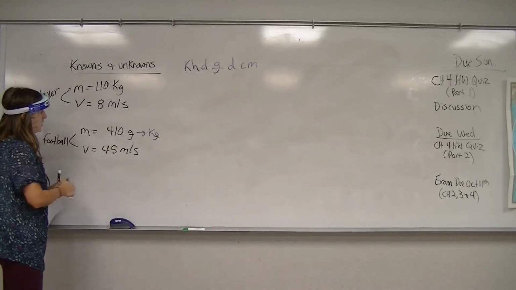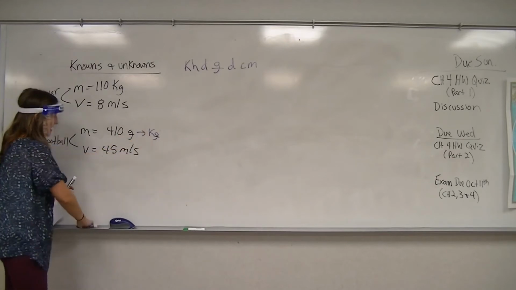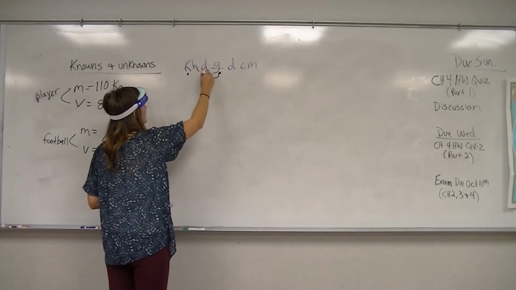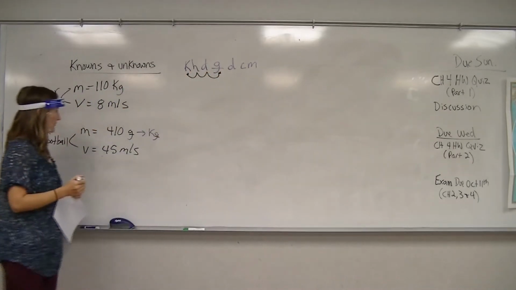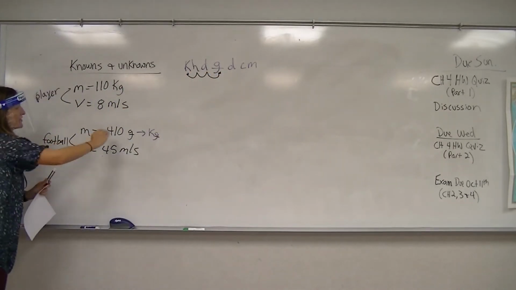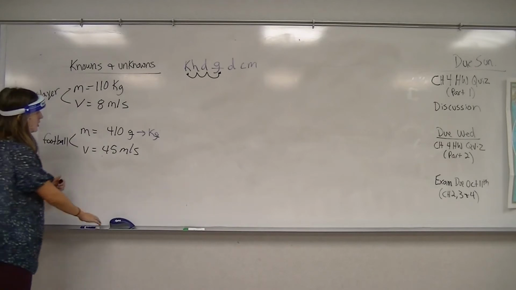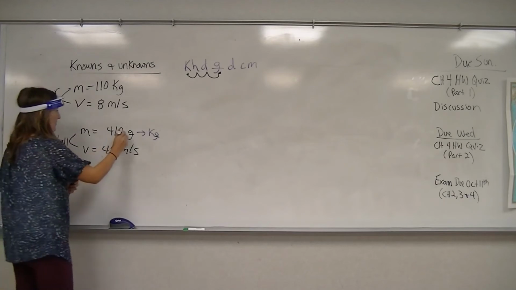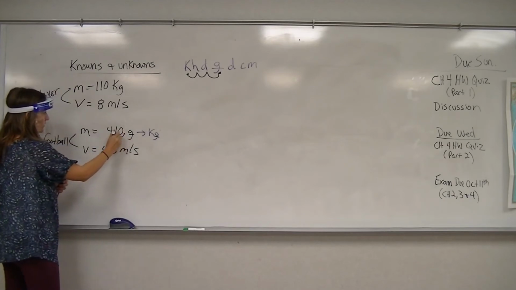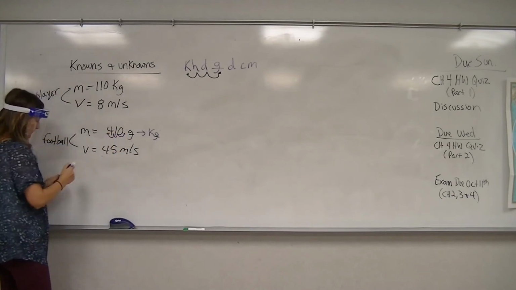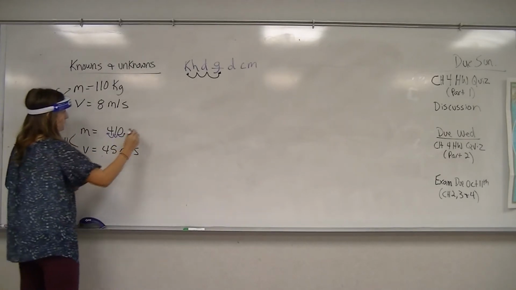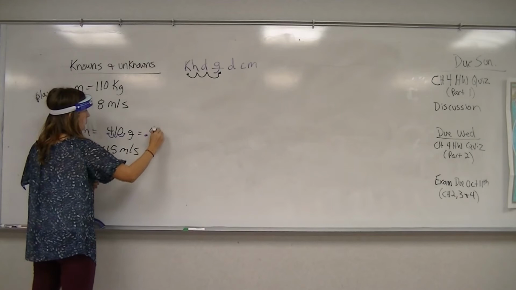And then we start at the G and we're going to the K. So G to K, that's 1, 2, 3 times to the left. Now this number doesn't have a decimal, so I'm going to start at the end of the number. If it has a decimal, start at the decimal. But this one doesn't. So end of the number, and we're going to move it 3 times to the left. So this becomes 0.41 kilograms.